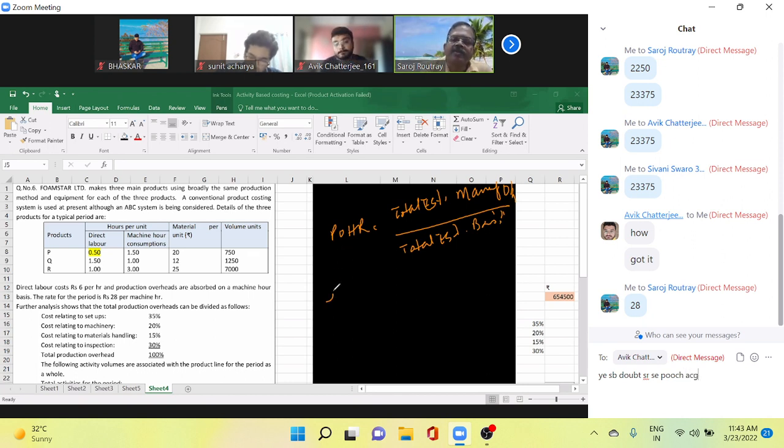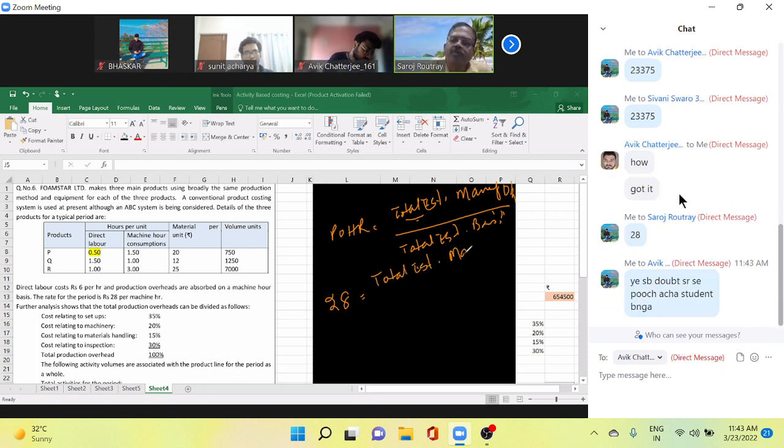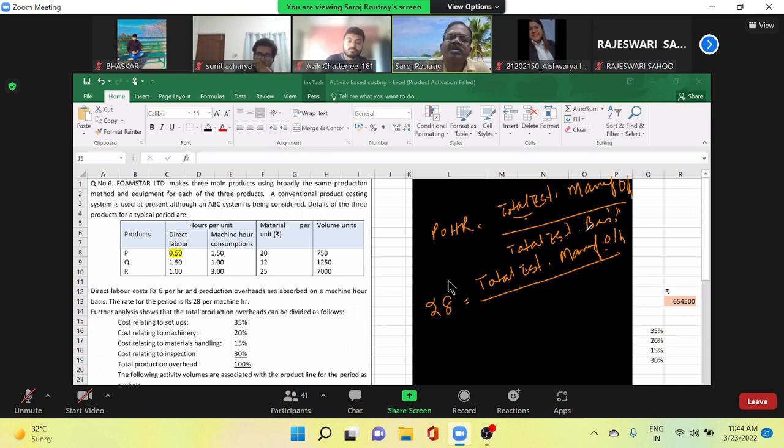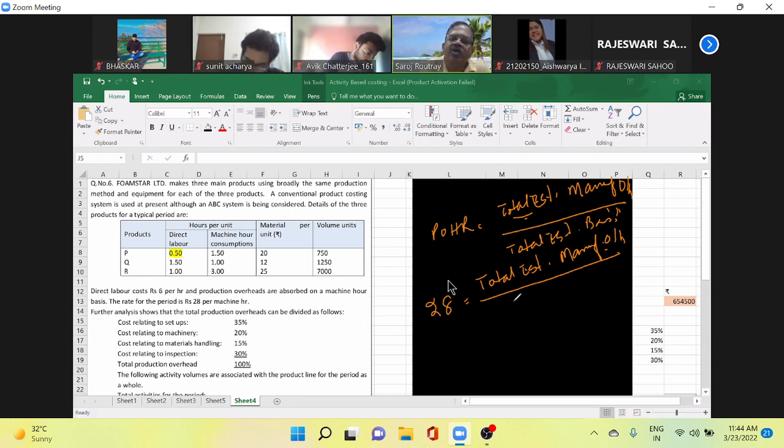So this is 28. Total estimated manufacturing overhead is not known, divided by total estimated basis. What is that estimated basis? Machine hour. So how much is it? 23,375.